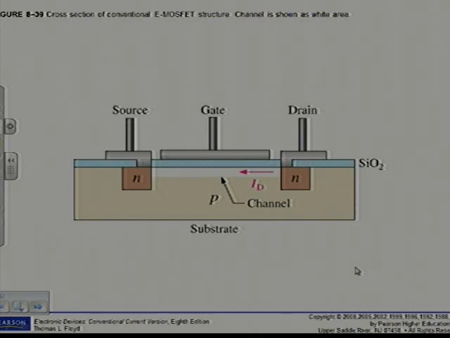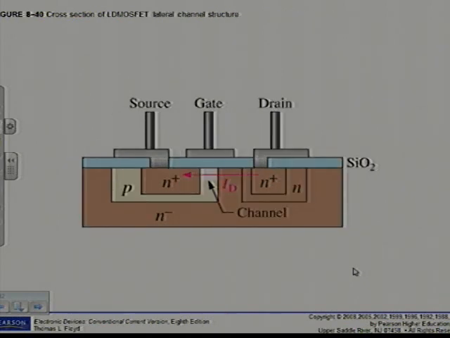They just give us the basic construction of these. The first one is the E MOSFET structure shown there. And then we go to the LD MOSFET, the lateral channel structure. That's basically the construction of these MOSFETs.